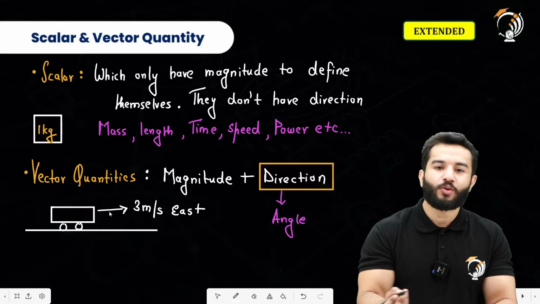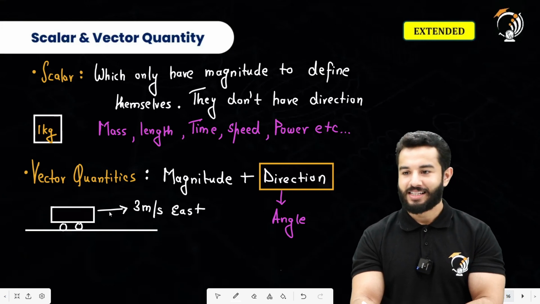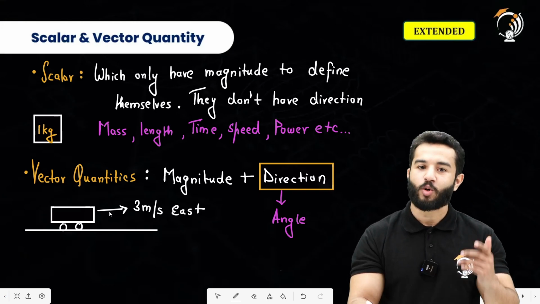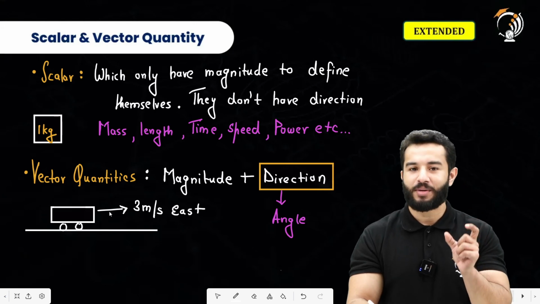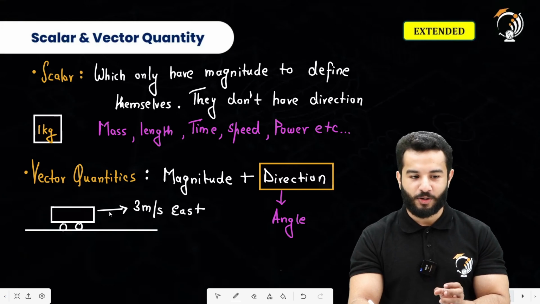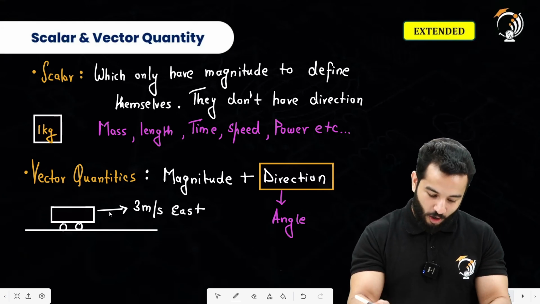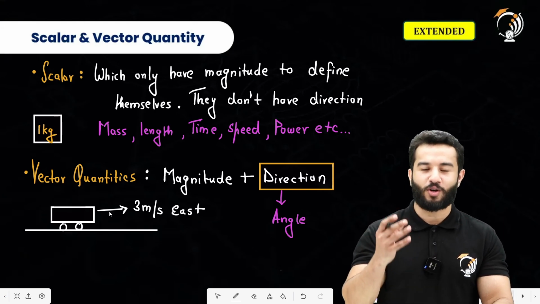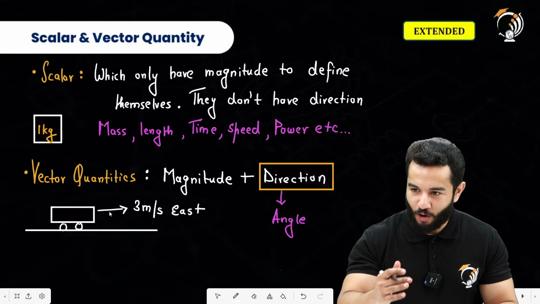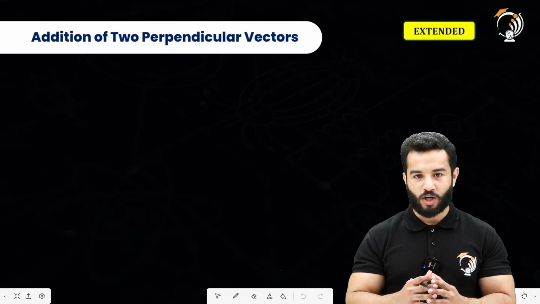So that's how you write the direction, due east. East is the direction, right? That's how you're going to say that we are talking about a vector quantity. So 3 meter per second, 3 is the magnitude, meter per second is the unit, and the direction is east, right? We are going to talk about directions when we talk about force and all, right? So for now, that's what vector quantities are.